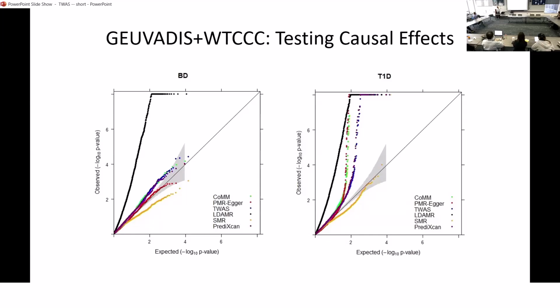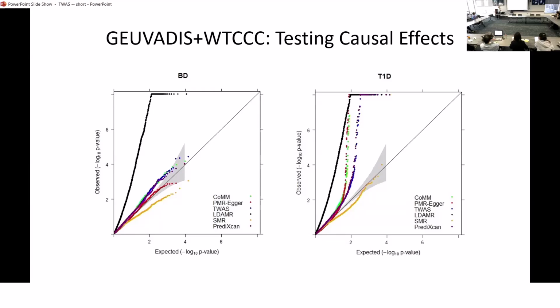So first we look at the causal effect test, whether you can identify the genes that are potentially causally associated with the trait. And on this plot on the left, in WTCCC, we have 7 different diseases. And I'm picking 2 example ones. One is bipolar disease, the other is type 1 diabetes. The reason I pick these 2 is because bipolar disease is a very highly polygenic trait.